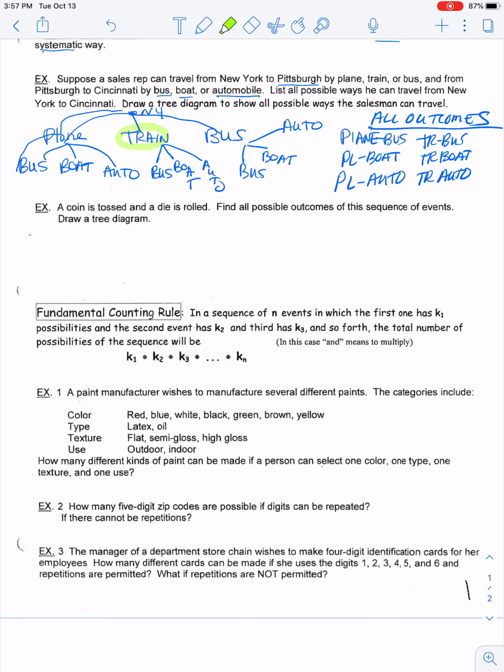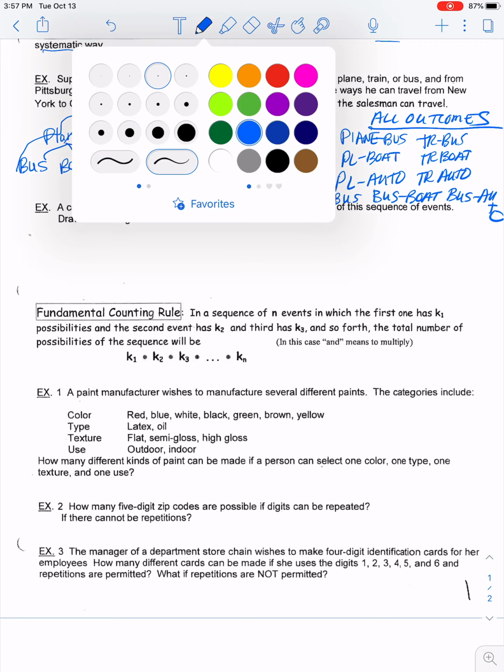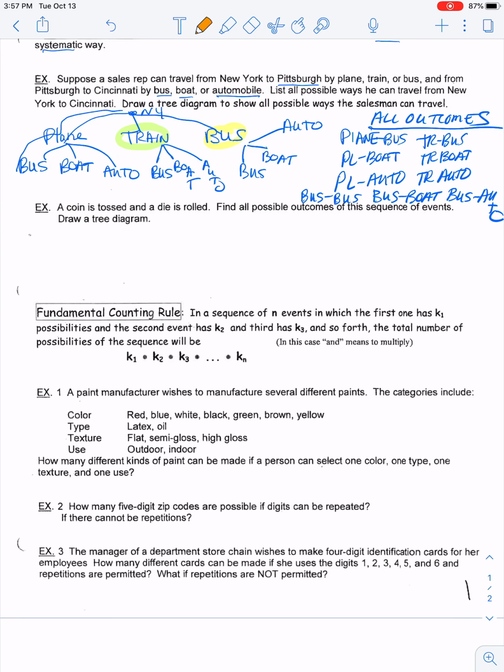And then lastly, I'm running out of room. I can switch over here to start with the bus. So we can do a bus. I'm going to go across the bottom here. A bus followed by a bus, followed by a boat, or a bus followed by an auto. Okay, so when that happens, then we can go through here and count how many outcomes we have.